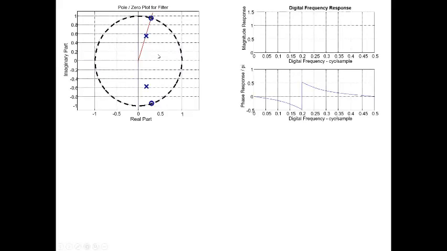Let's see a picture. Here's a notch filter. I've chosen the frequency of 0.2 that I want to get rid of. I put a zero on the unit circle at the right angle to notch out that frequency, and I get that. And I put a pole behind it at a radius of 0.6, and I get this kind of wide notch.